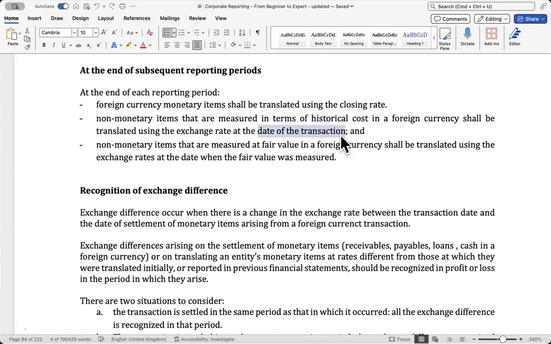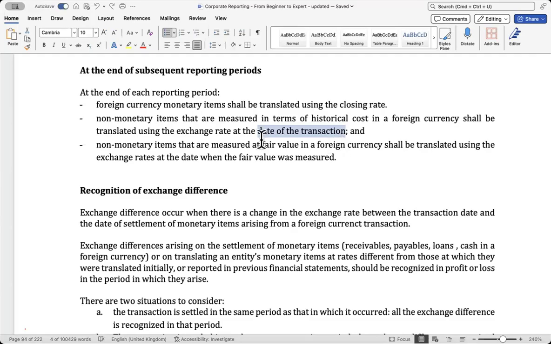So when you want to translate non-monetary items at the end of the year, like PPE, intangible assets, and inventory, you are going to translate them using the exchange rate at the date of the transaction, the date the transaction was consummated. So you're going to use a historical rate for non-monetary items that are measured at historical cost.